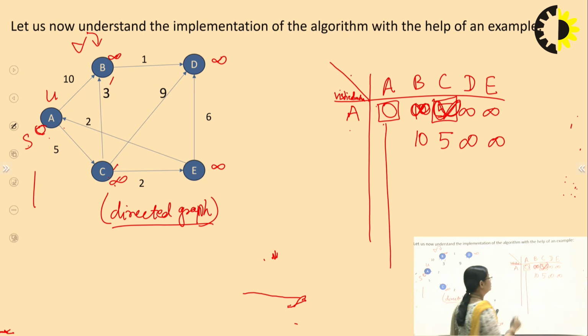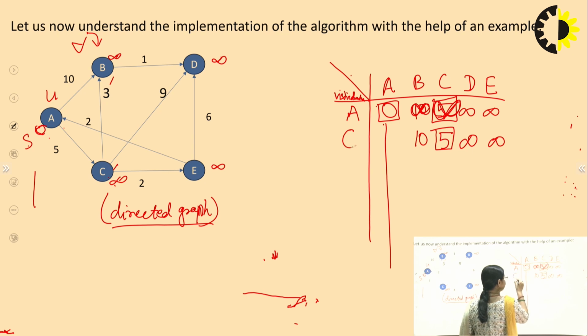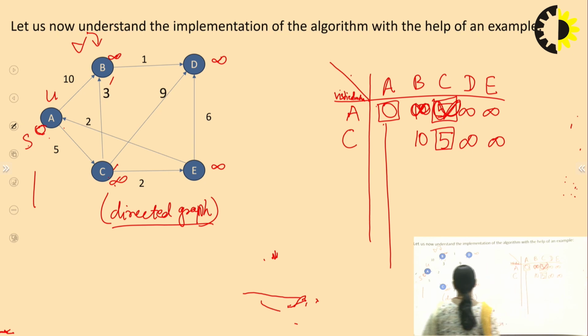Clear? Now, I am taking the source node as C. Why? C has got the minimum value. So, here it will be C, right? Now, what am I going to see? C is visiting B, C is going to visit D, then C is visiting E, right?